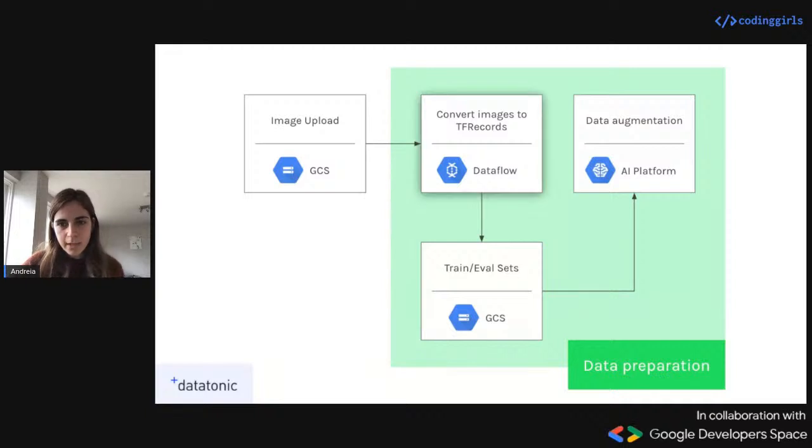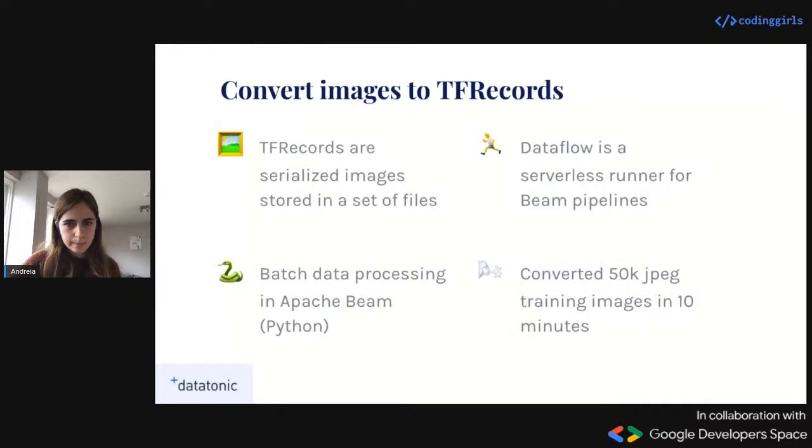So let's take a deeper look at how we converted these files. These files were converted into TensorFlow records, as I said, and these are basically numerical representations of the images, which makes it easier for the model to use. We did it in Dataflow because it is our fully managed service in GCP that specializes in these sort of data transformations.